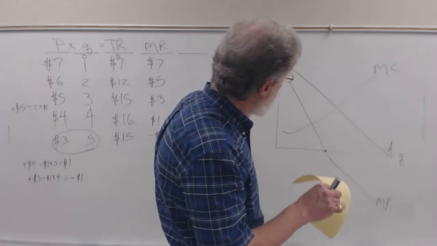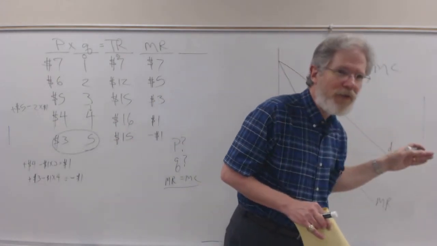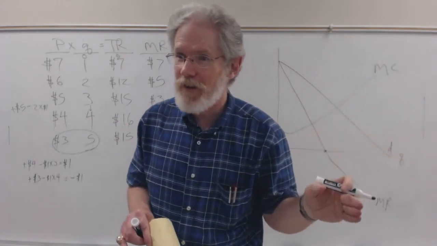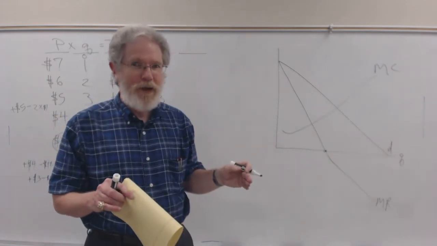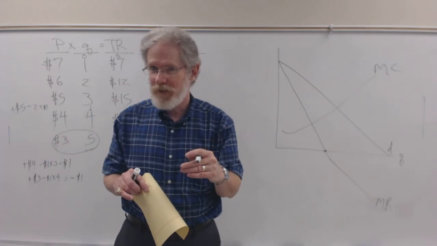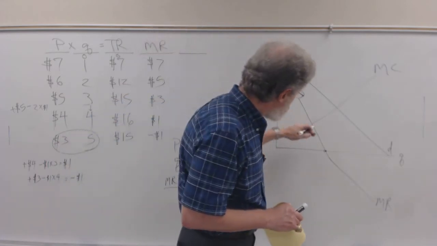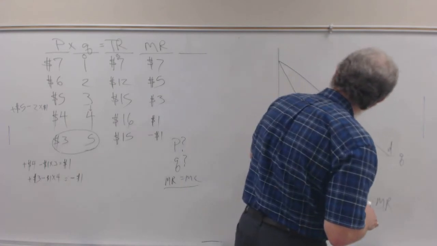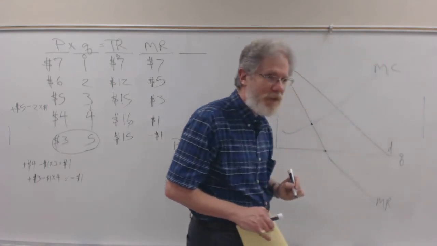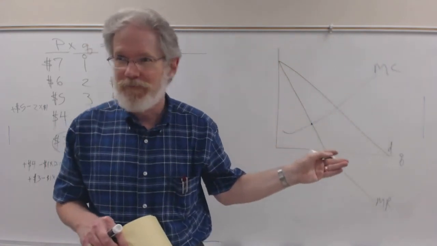So it doesn't matter how complicated the graph looks, you can find the MR curve, and you can find the MC curve, and you can find where they intersect. Here's marginal revenue, here's marginal cost. That's where they intersect. You put a big dot there.